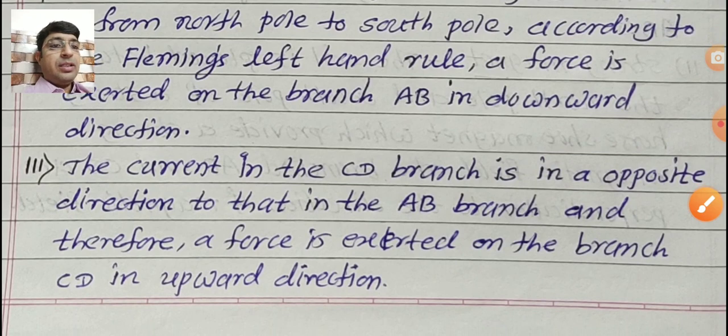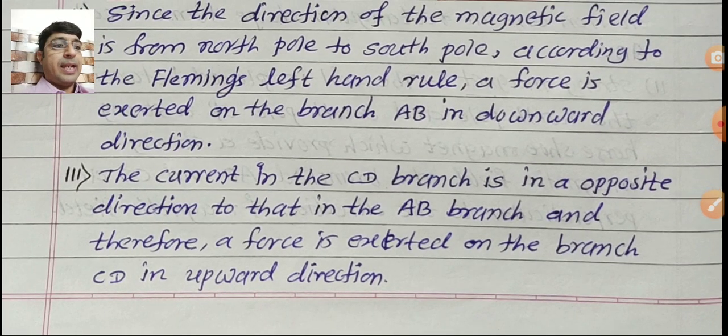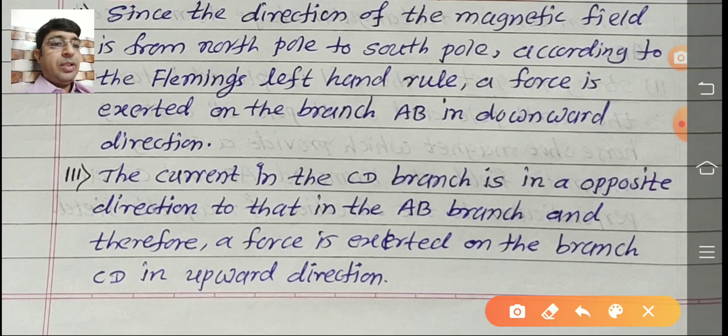Third point, the current in the CD branch. What happened in the CD branch? The current in the CD branch is in the opposite direction to that in the AB branch. Compare these two branches, in which direction does current flow? In the branch AB, current flows in the downward direction.